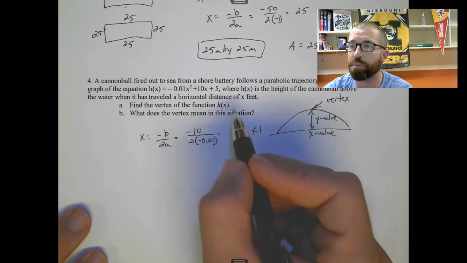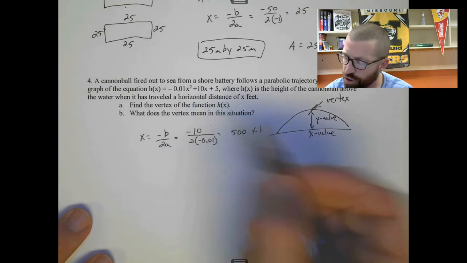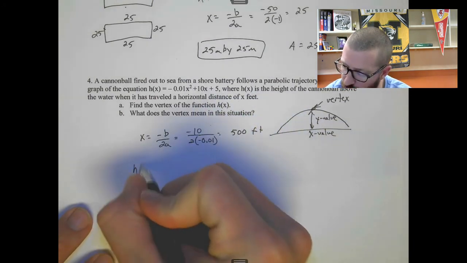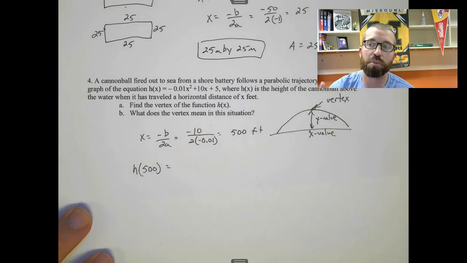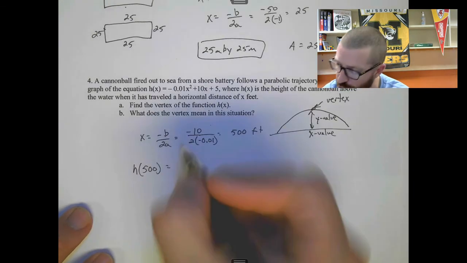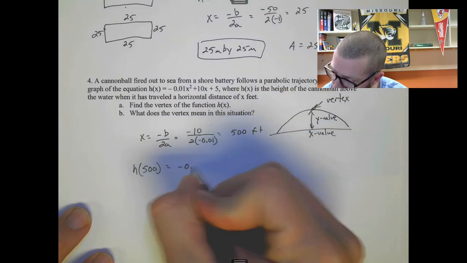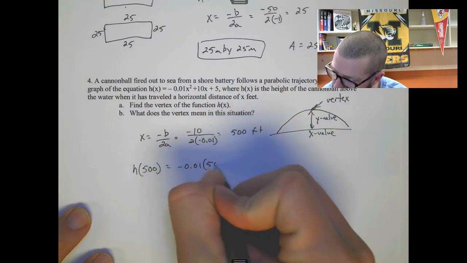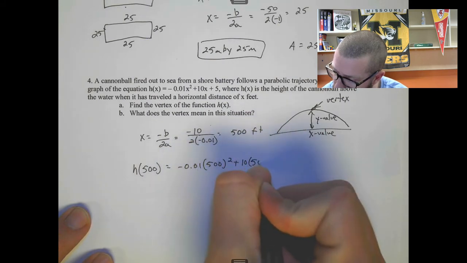Then for my height, I need to plug into the function to find the maximum height. So it's going to take 500 horizontal feet for the cannonball to get to its highest point, and then the maximum height we get by plugging in 500.